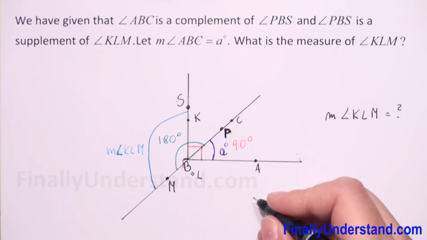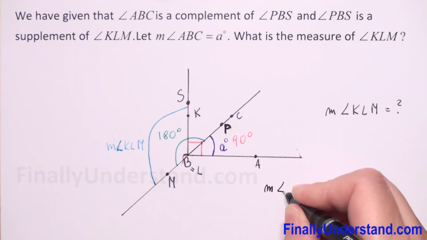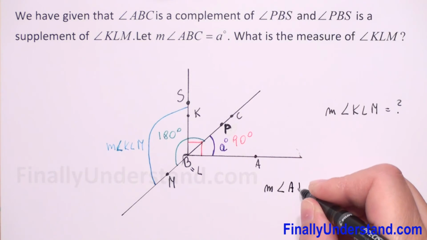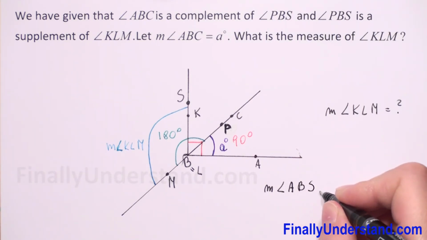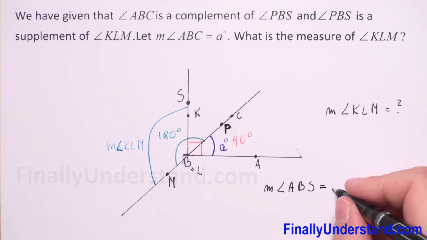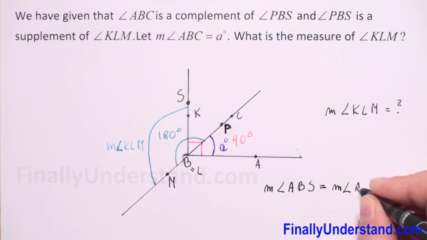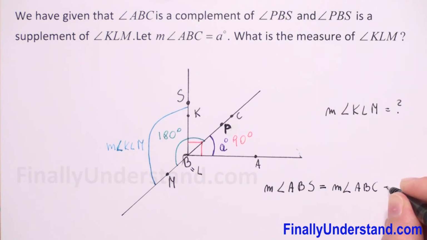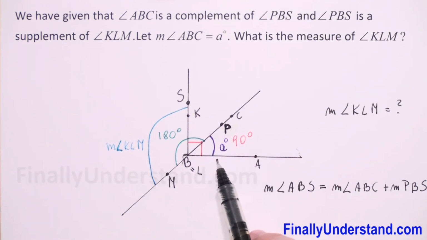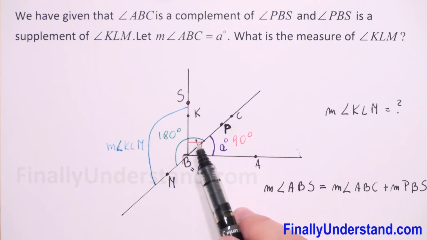Let's write: the measure of angle ABS is equal to the measure of angle ABC plus the measure of angle PBS. The sum is 90 degrees because angles ABC and PBS are complementary, so the sum of the two angles is 90 degrees.